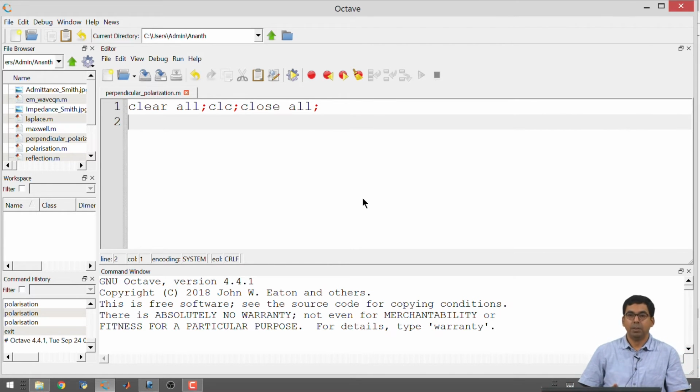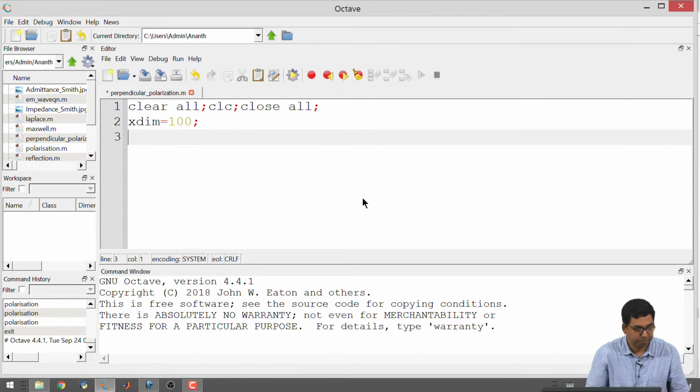So, I want to start with some dimensions for the space that we are considering. Let us consider that you have 100 units in the x and 100 units in the y. So, it is a square region. You can consider this to be having 100 delta x and 100 delta z. So, you can have x dimension is 100.